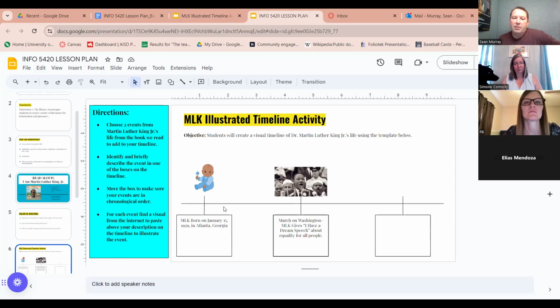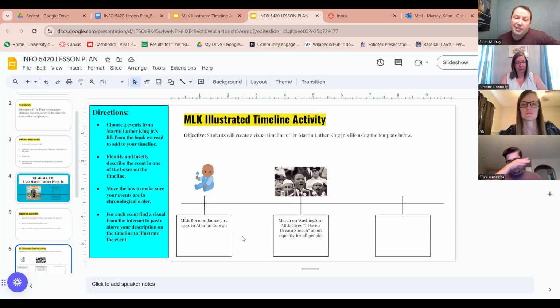So I started with his birth, because one thing that the book doesn't tell us in the narrative is when he was born. Martin Luther King was born on January 15th, 1929 in Atlanta, Georgia. That is in the timeline at the end of the book. But then I thought, okay, what were some of the events that we learned about in the biography? And one of them that came to mind for me was the March on Washington.